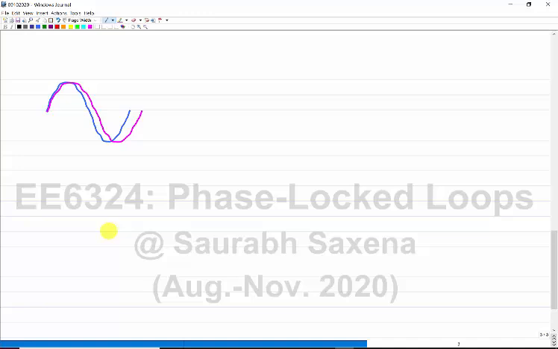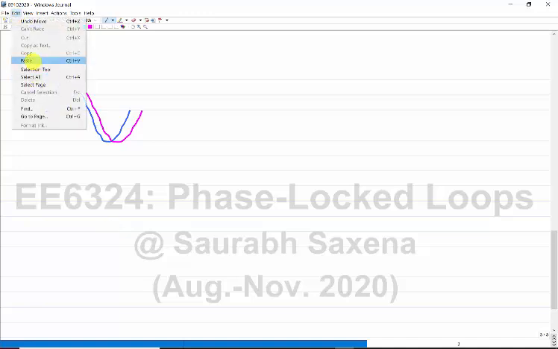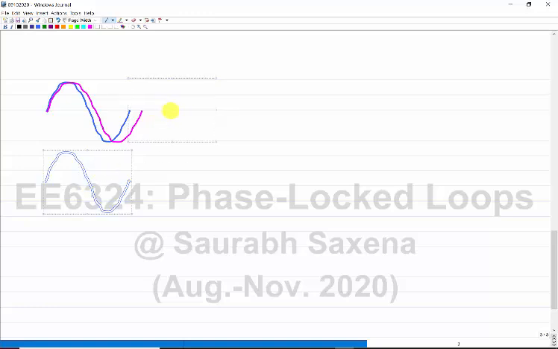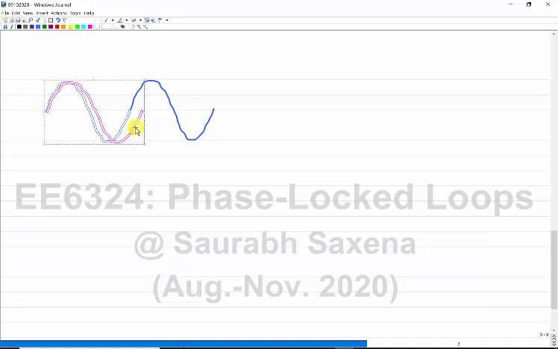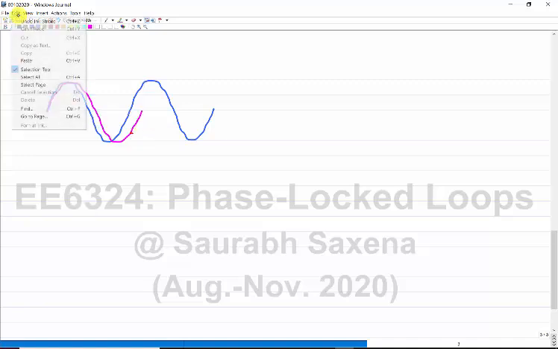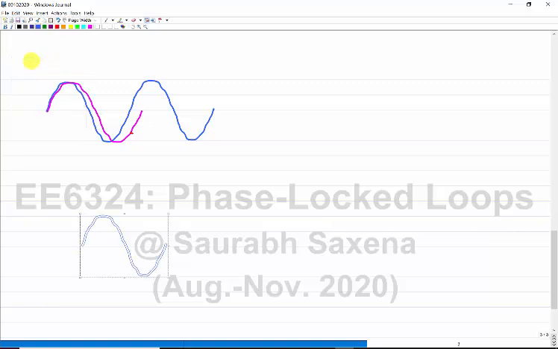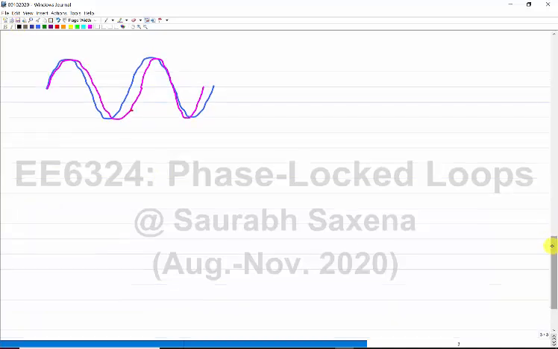Only look at the first zero crossing right now. So let us say these are the two sine waves which you are seeing. The blue one is the ideal one, and the magenta one is the real one.